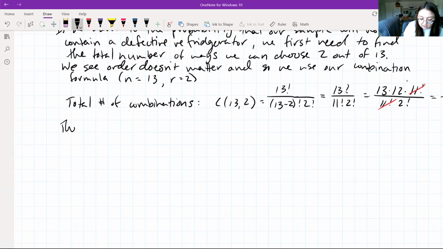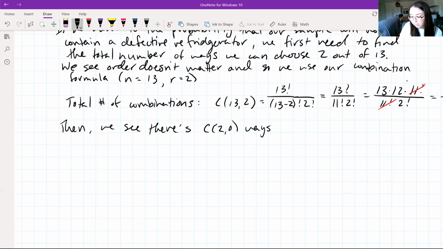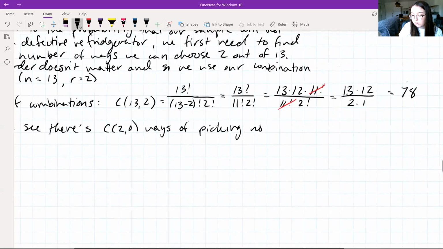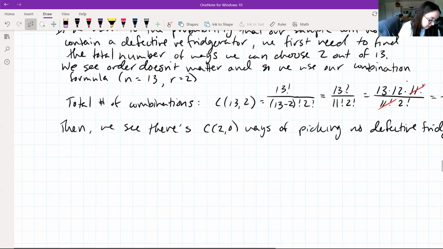So we see there's our combination of 2 and 0 ways of picking no defective fridges.